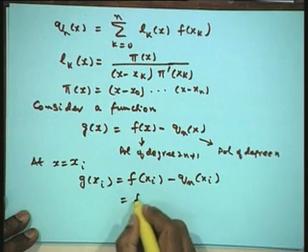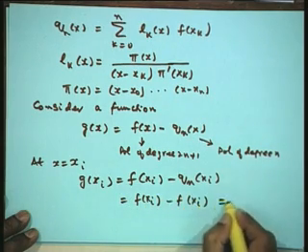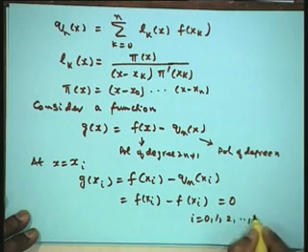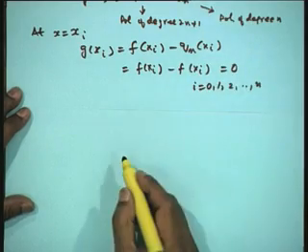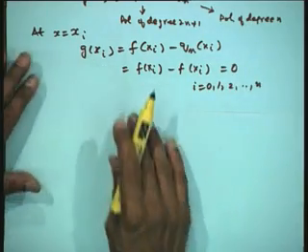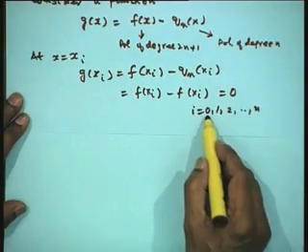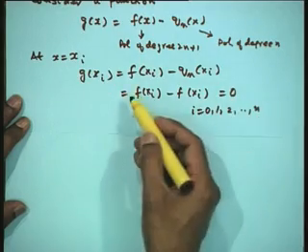Therefore this is f(x_i) minus f(x_i), which is equal to 0 for all i. This is obvious because q_n(x) interpolates the given data. Therefore our function g(x) has n plus 1 zeros at x_0, x_1, x_2, ..., x_n, because g(x) is equal to 0 at these points.